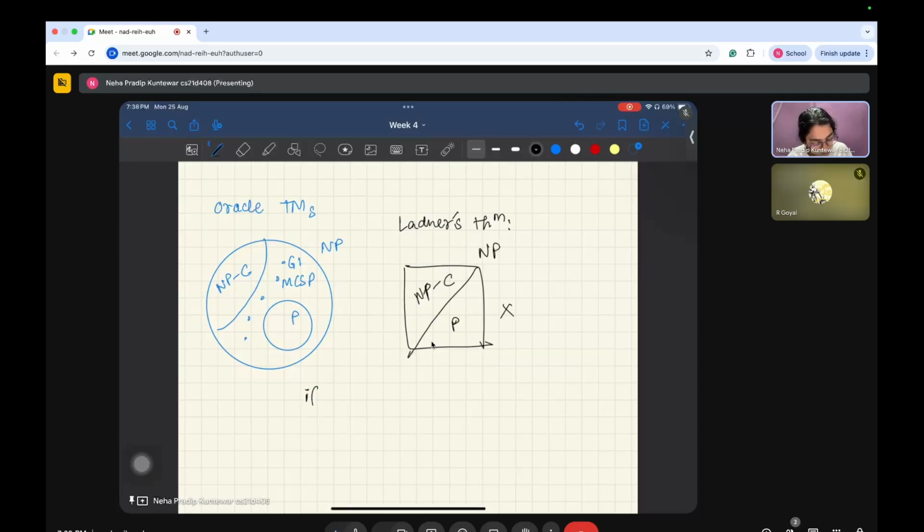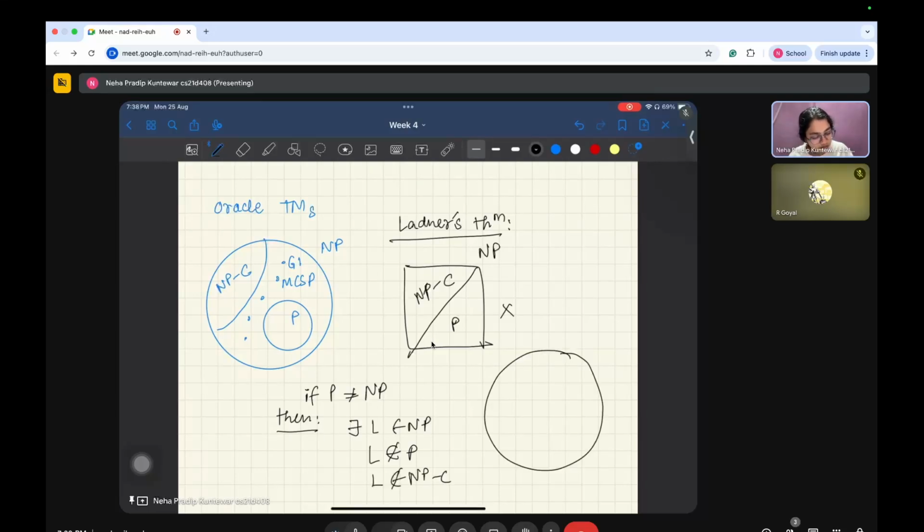So if P is not equal to NP, then there exist languages in NP such that they are neither in P nor in NP complete. So it will look something like this. If P is not equal to NP, there will be languages here.